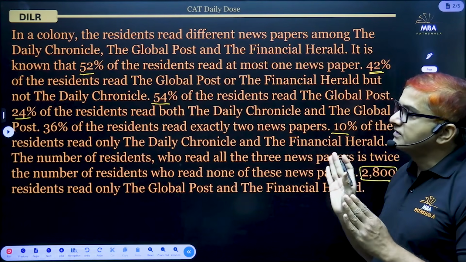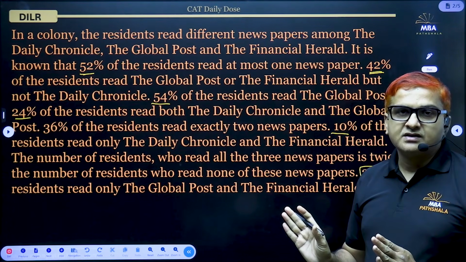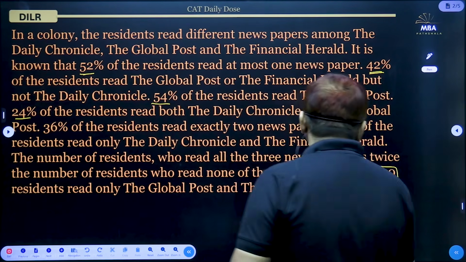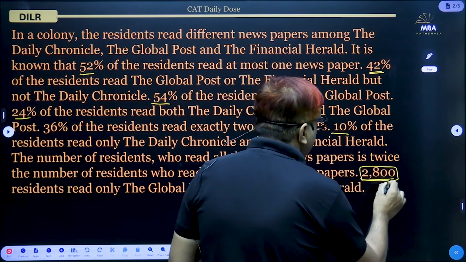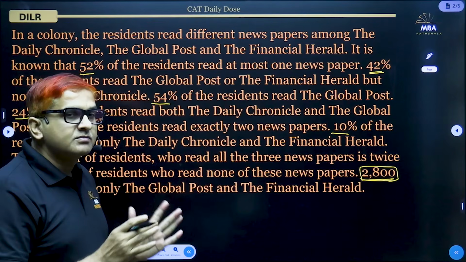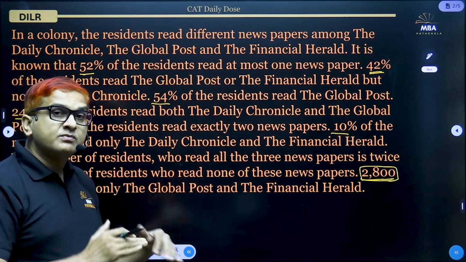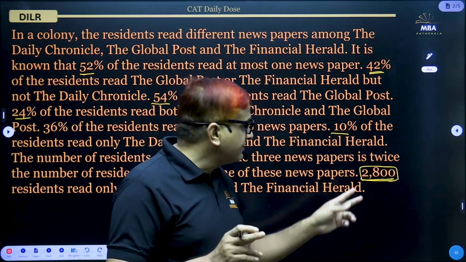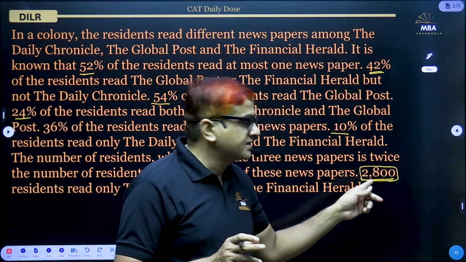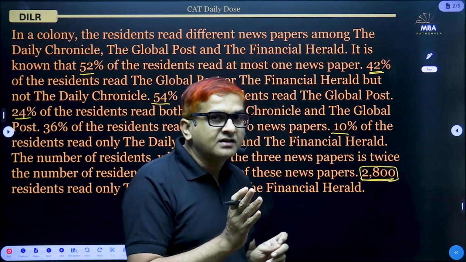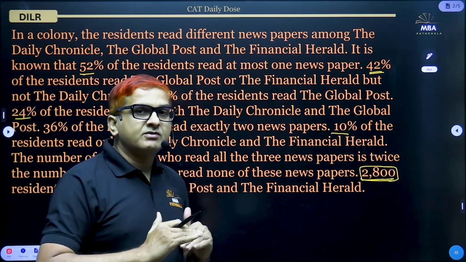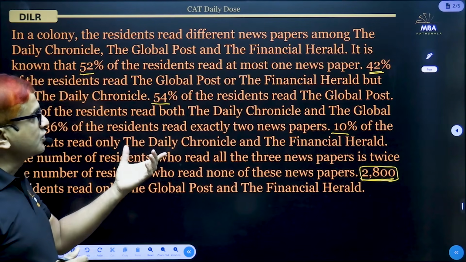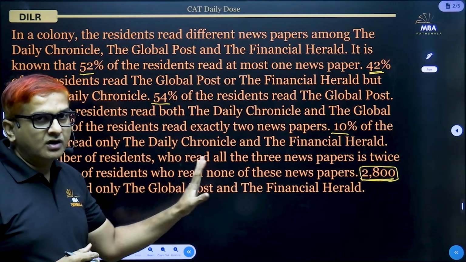If all the things are given in terms of relative things except one data, we should first just ignore this data and calculate all the left out things in terms of percentage itself. Then we have to relate those percentage data with the actual data with the help of this. This will create a multiplying factor and all the percentage data will be converted to the actual data. So that should be our approach. So this is a question of a Venn diagram. So first we have to draw a Venn diagram.